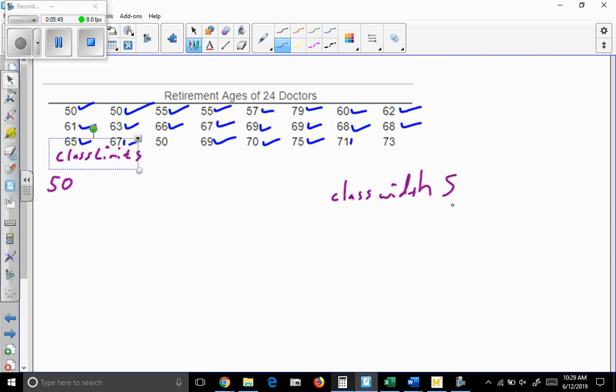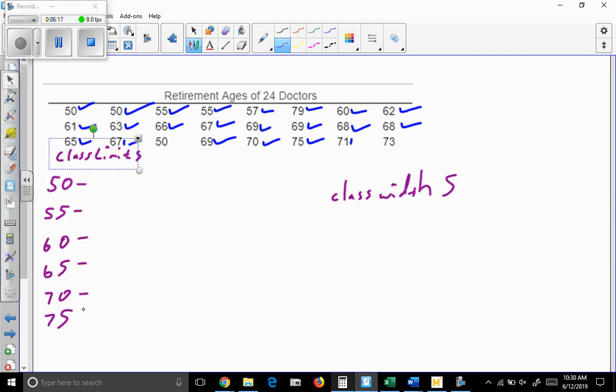If our class width is 5, then when we add 5 to that, that'll be the beginning of the next class. If we add 5 to that, that'll be the beginning of the next class. 5 more, 5 more. So that's 1, 2, 3, 4, 5. So we need one more. Remember, we have 6 classes. So if we add 5 to that, that's where the last class will begin.